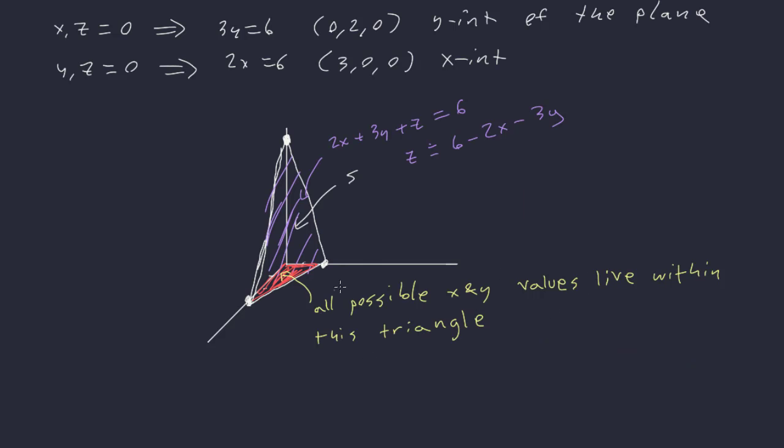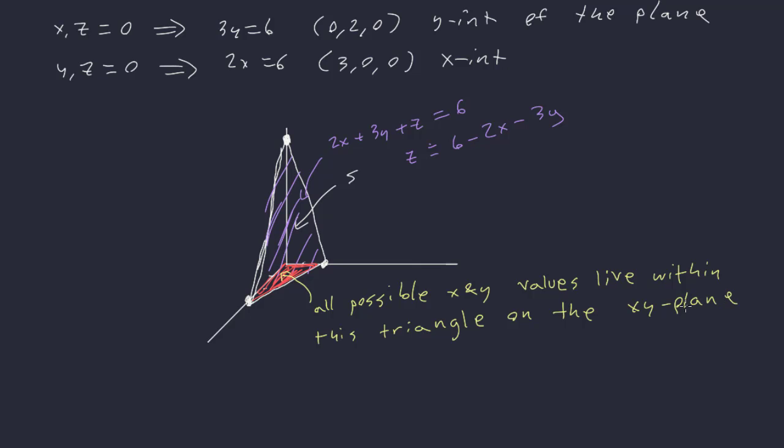There won't be any X's and Y's that aren't found within this main triangle, and that main triangle lives on the XY plane. All possible X and Y values live within this triangle, and that triangle is on the XY plane.